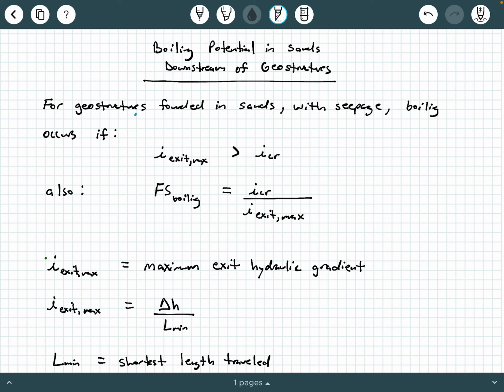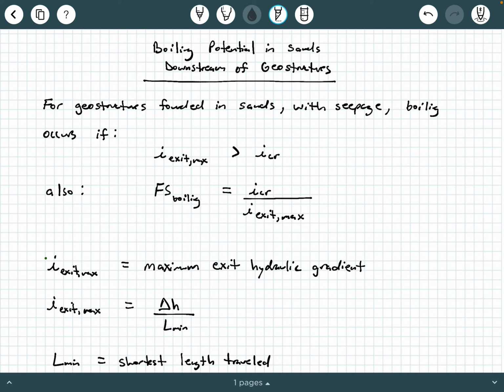So we're going to say for geostructures founded in sands that are experiencing seepage, boiling occurs if the maximum exit hydraulic gradient is larger than the critical hydraulic gradient. Before we go past that line, the first thing we want to remind ourselves of is what is boiling?